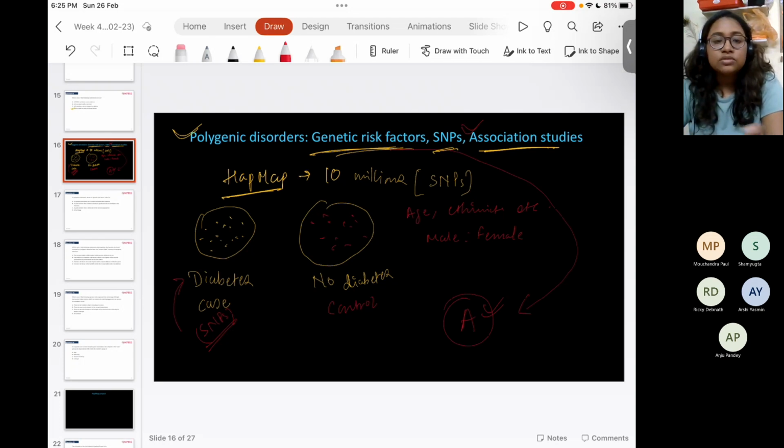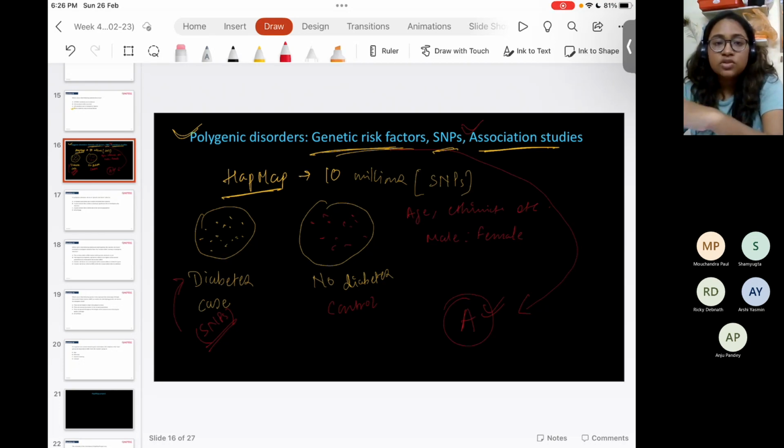SNPs or variations identified as being associated with a particular phenotype, if present in a particular individual, we can say they are a risk factor: after a few years, or their children, may have the disease, that is diabetes.